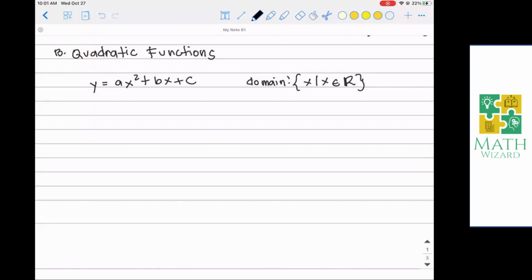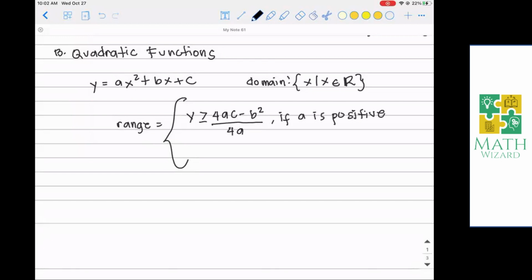How about the range? Medyo tricky lang sa range in getting the range of a quadratic function. So in getting the range of that, meron tayong sinusundan na formula. Range. So y is greater than or equal to 4ac minus b squared over 4a if a is positive.